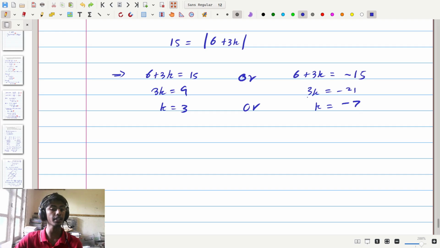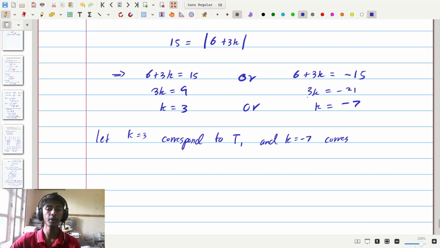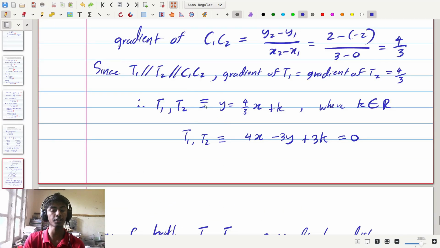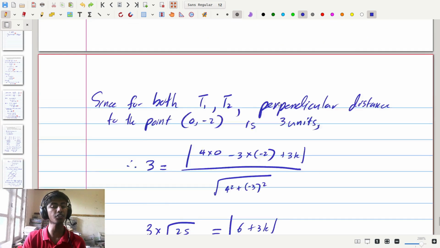So therefore we can say let k equals 3 correspond to T1 and k equals negative 7 correspond to T2. Now according to that, if we substitute into this equation, T1 will be given by y equals 4/3 x plus 3.